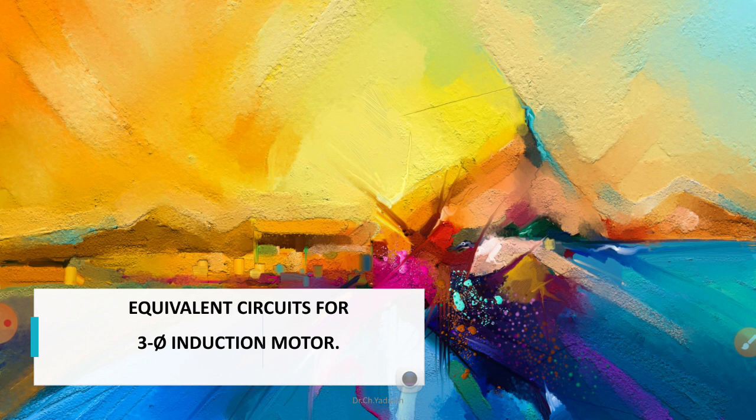So the transformer can be used for step up and step down purposes, mainly in our electrical field. It has a primary winding and a secondary winding, electrically isolated from each other but magnetically coupled.